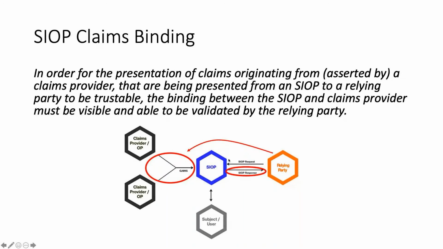And essentially, to ensure integrity and that the guarantees to the relying party are upheld, the relying party needs to be able to establish that the subject identifier used in the SIOP response and the claims being presented that the SIOP is presenting on behalf of the claims providers are suitably bound together.